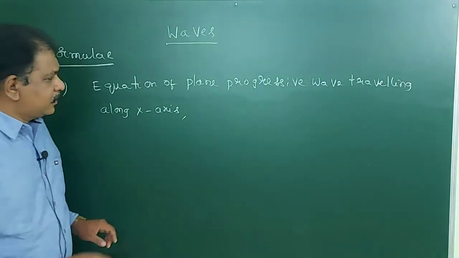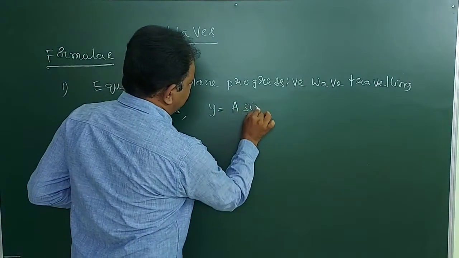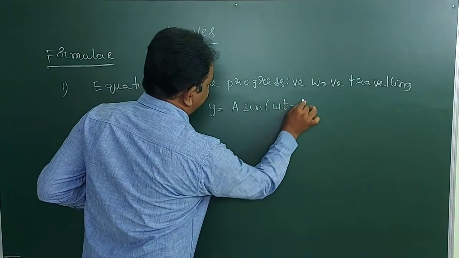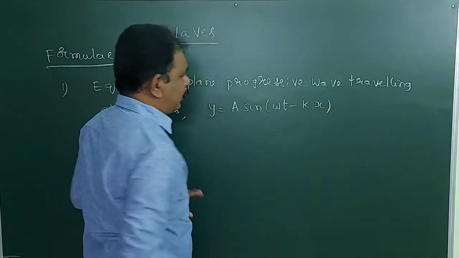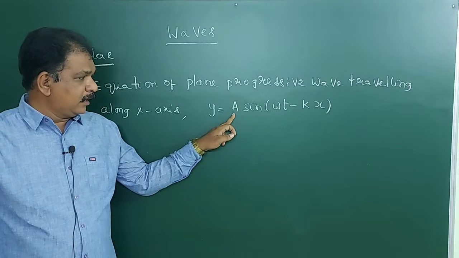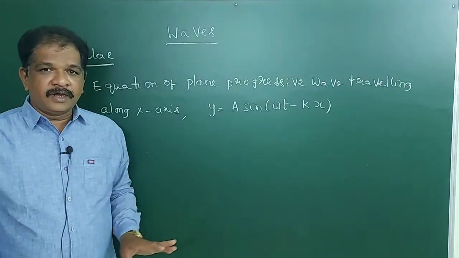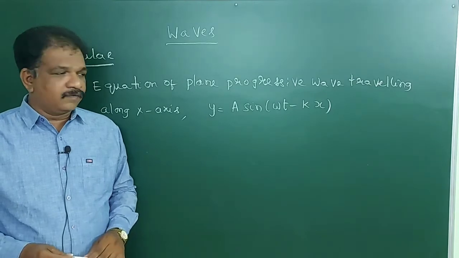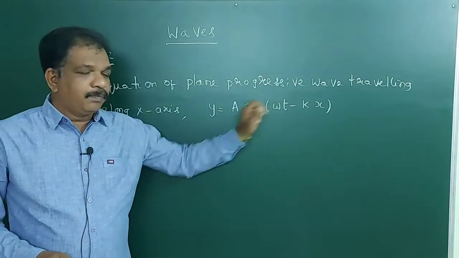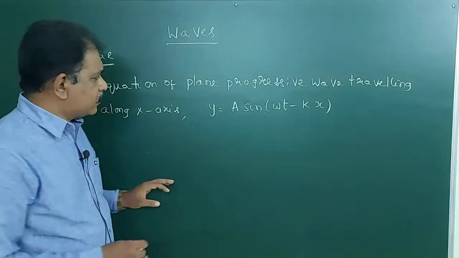Then what is its displacement formula? y = A sin(ωt − kx). This is the formula. Here what is A? Amplitude. Omega is angular velocity or angular frequency. k will be the propagation constant. y will be displacement.